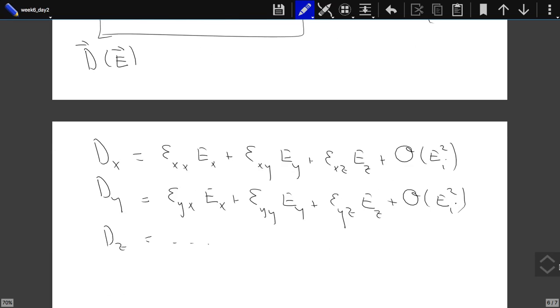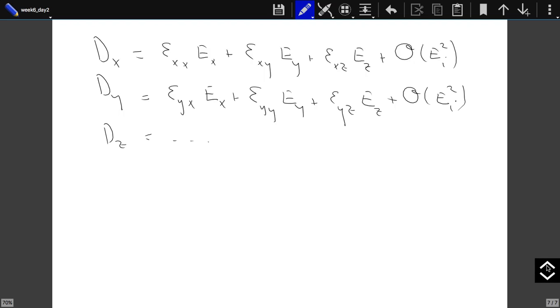In general, they don't have to be in the same direction. But most of the time, for simplicity, we assume isotropic materials, isotropic dielectrics. And it's the same in every direction.